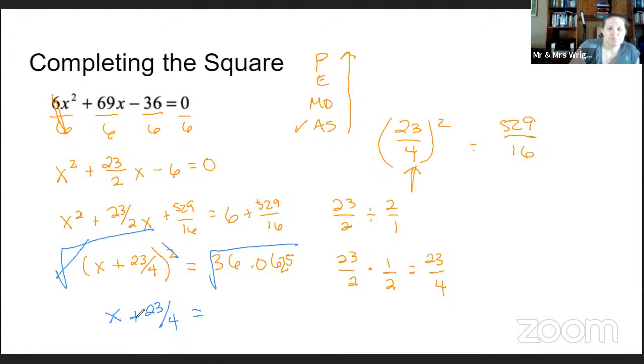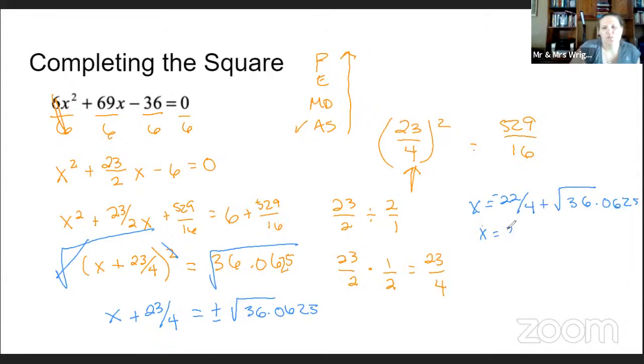So what we have here is plus or minus the square root of 36.0625. Then you need to subtract that over here. So x equals negative 23 over 4 plus the square root of 36.0625, and x equals negative 23 over 4 minus the square root of 36.0625.